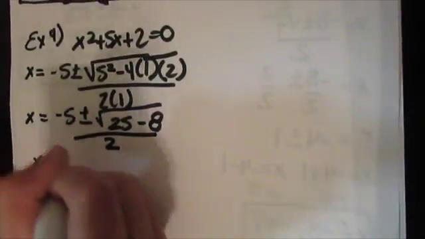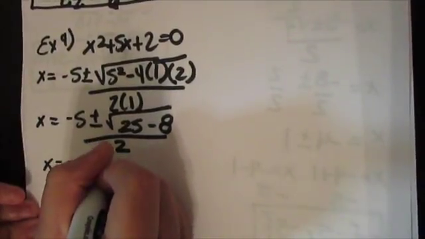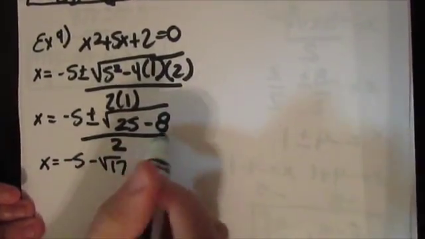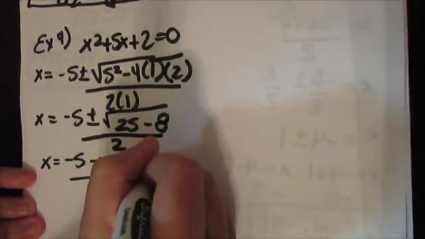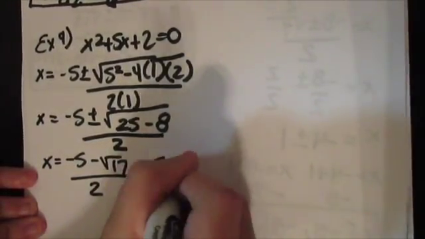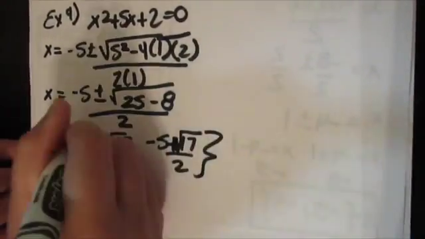So then x equals negative 5 minus the square root of 17, because 25 minus 8 is 17, over 2, and negative 5 plus the square root of 17 over 2 is the solution set.